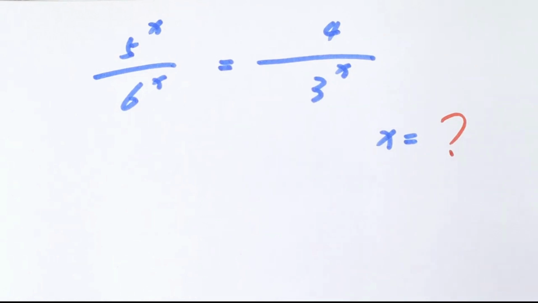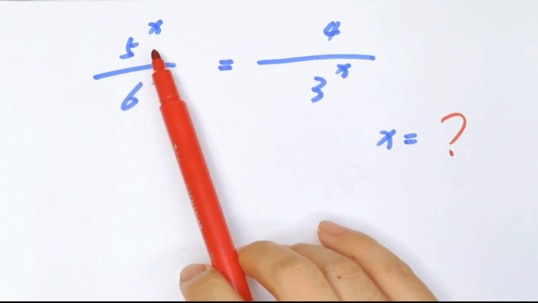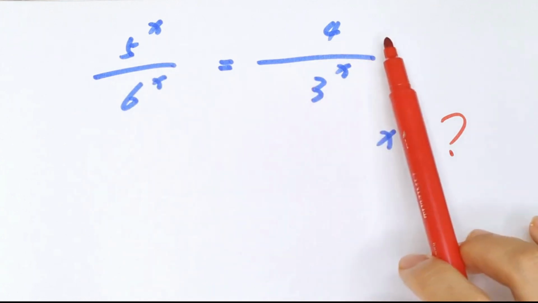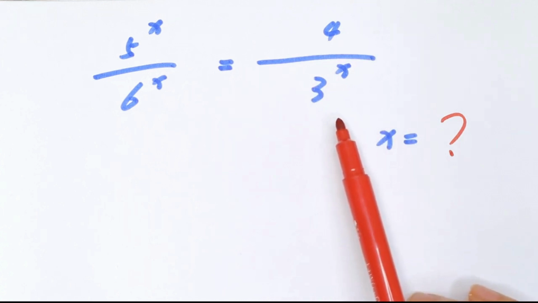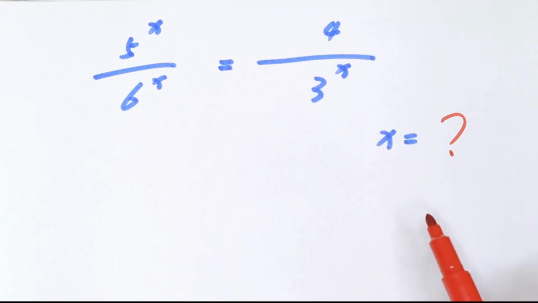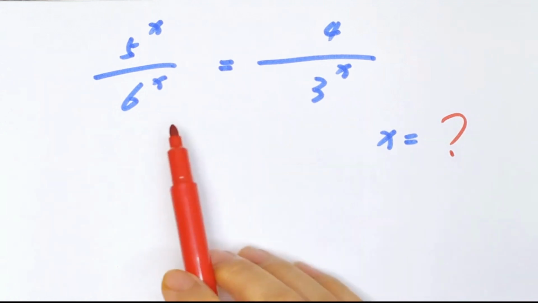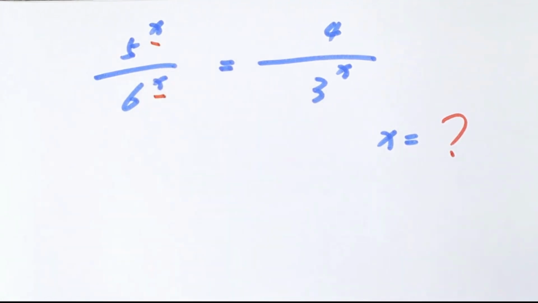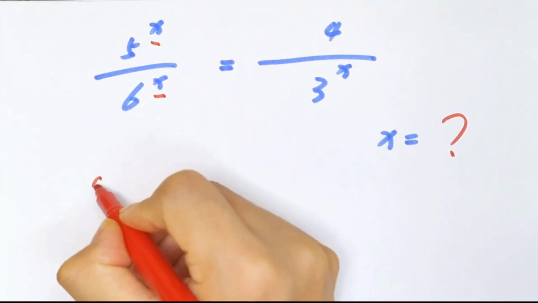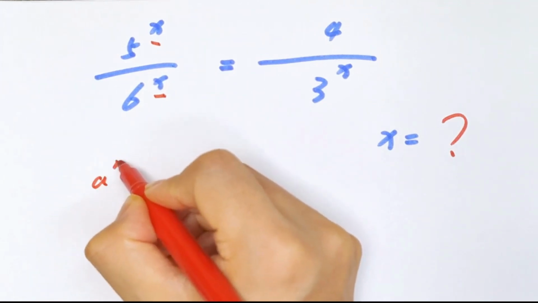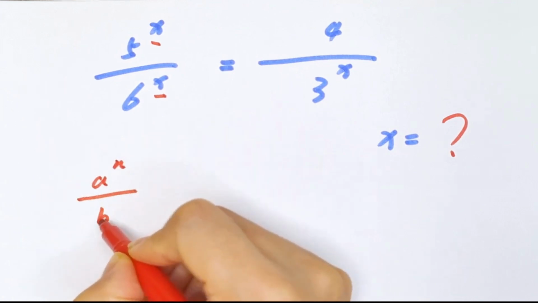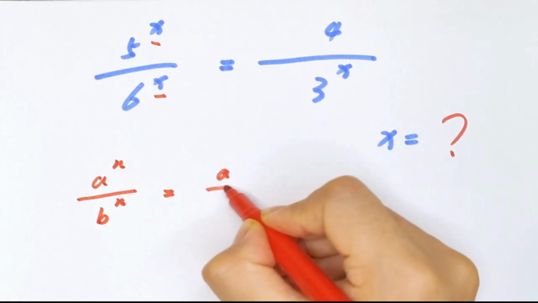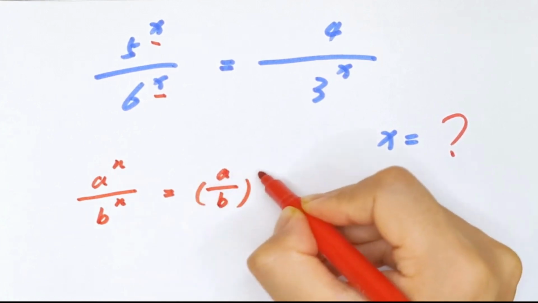How to solve 5 to the power of x over 6 to the power of x equals 4 over 3 to the power of x, to find the value of x. First, the left side, we have same powers, so we apply the formula that a to the power of n over b to the power of n equals a over b bracket to the power of n.